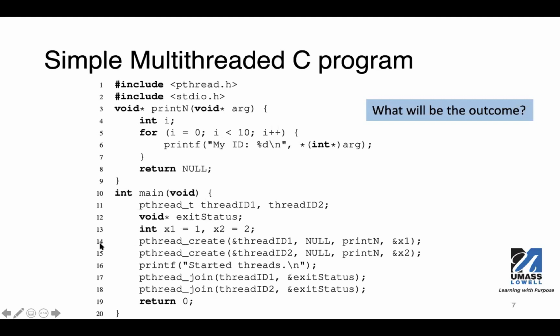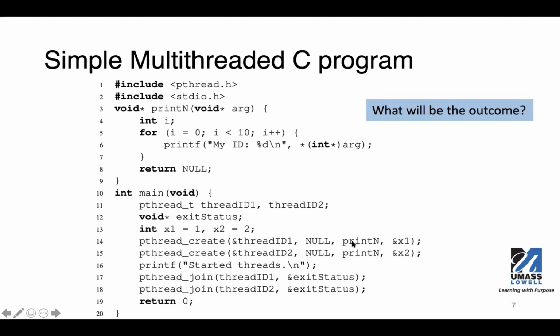The first two lines, line 14 and line 15, call pthread create. Pthread create is the API that we use to create a pthread, a POSIX thread. It takes a few arguments. First is the thread ID that will be returned. The second is a null pointer in this case.